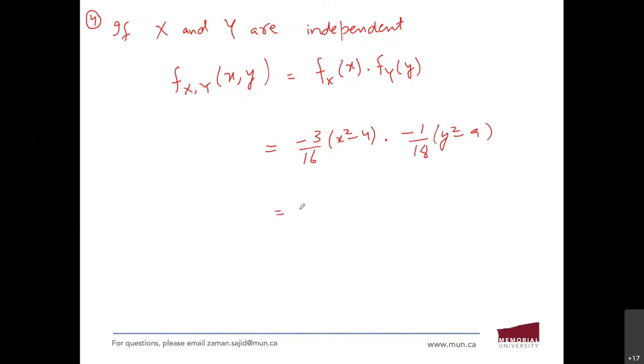To solve this, you will get 1 over 96 of (x square minus 4) times (y square minus 9). This equals the joint probability distribution in your question statement. Hence we can say that x and y are independent.